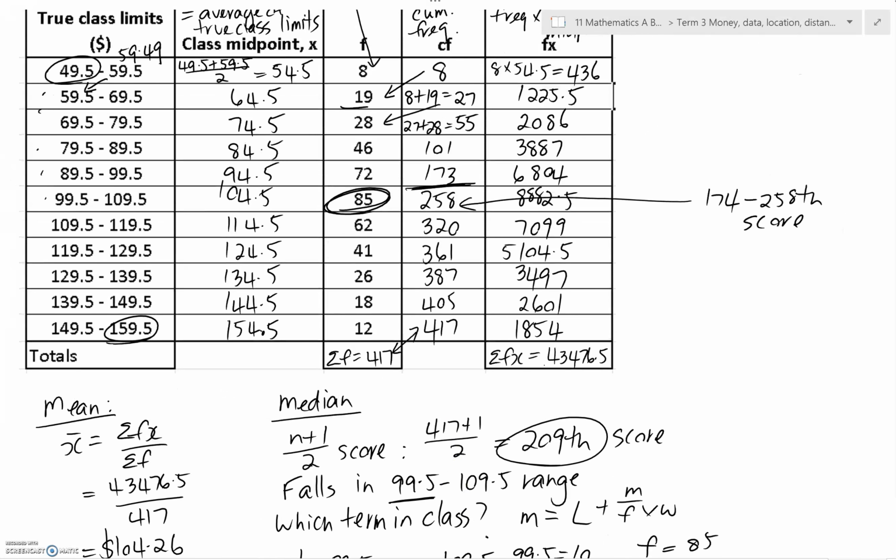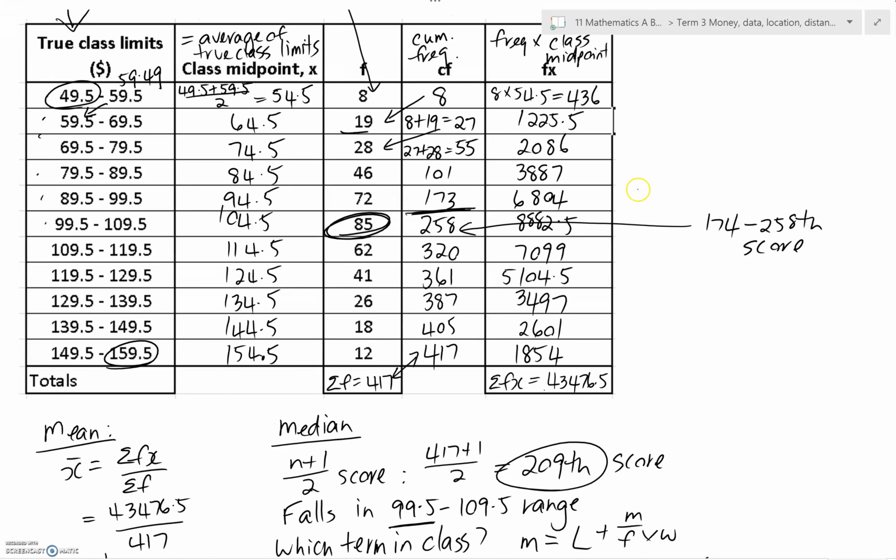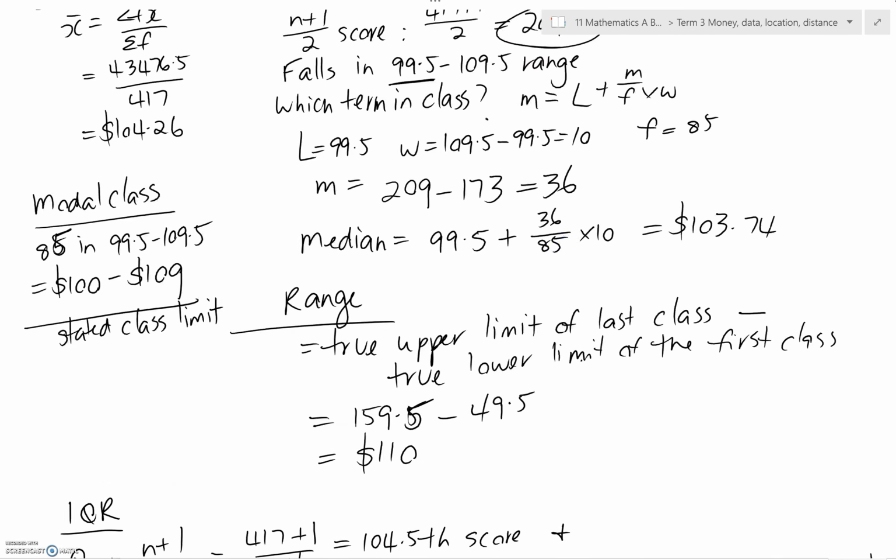The 104.5th score is going to be in this Q1 row, because we can see that the cumulative frequency up to the one before it is 101, and then the next 72 scores are in there. So it's somewhere in there. So that's the one that we're going to use.